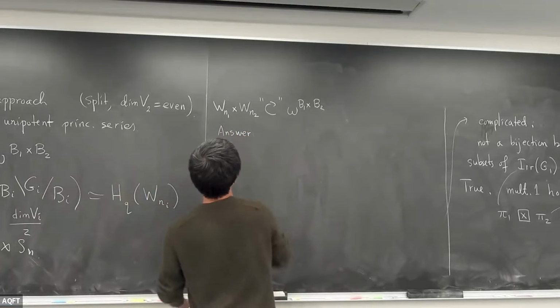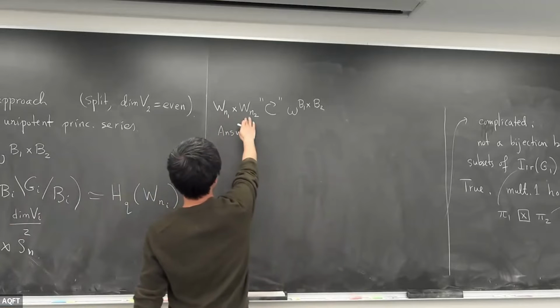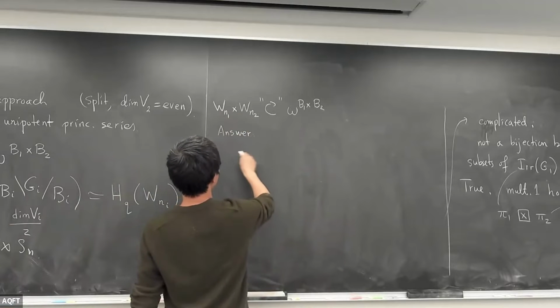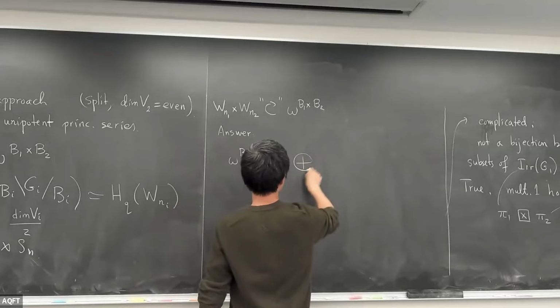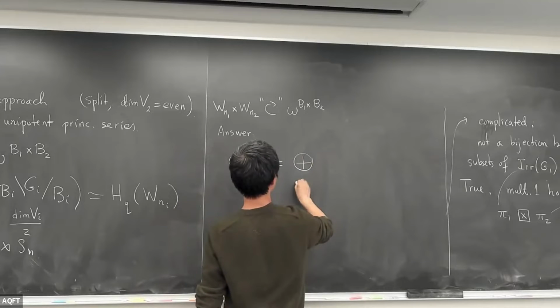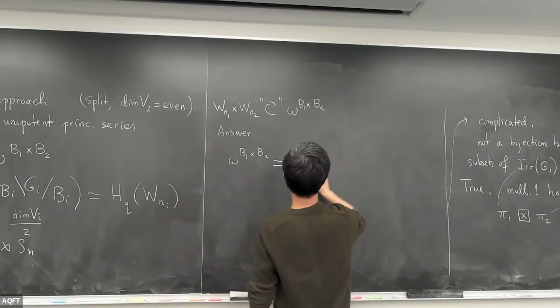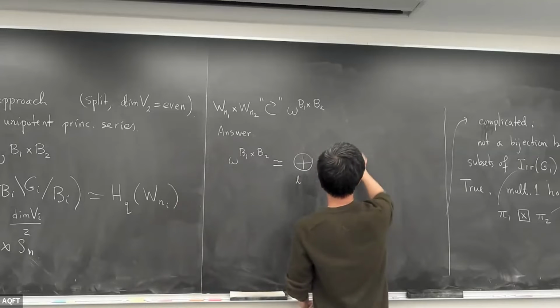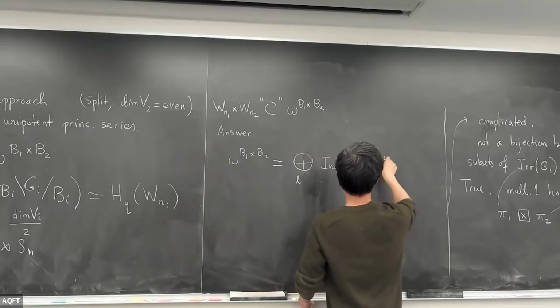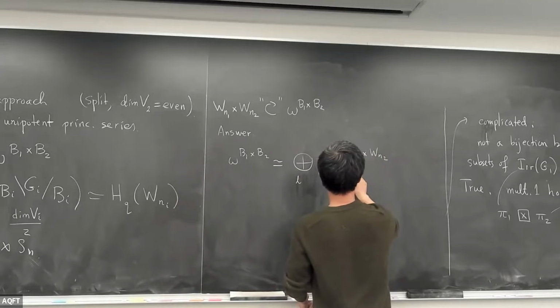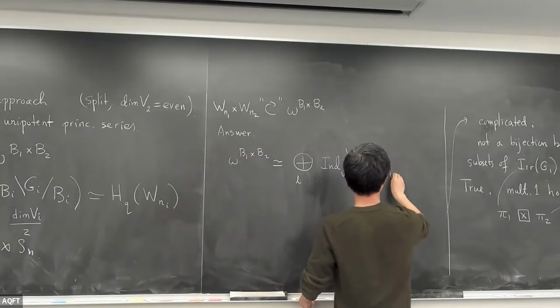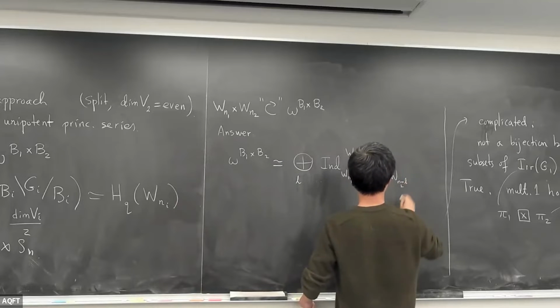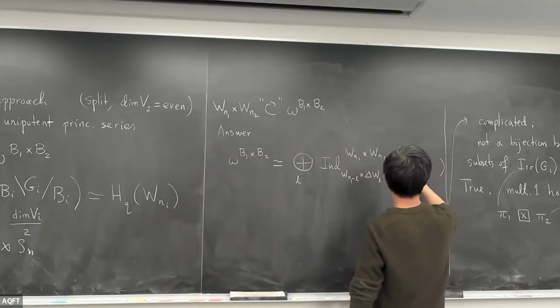So the answer is the following. As a representation of W_{n1} times W_{n2}, this looks like a sum over a number L of inductions from W_{n1-L} times diagonal W_L times W_{n2-L} of some one-dimensional character.